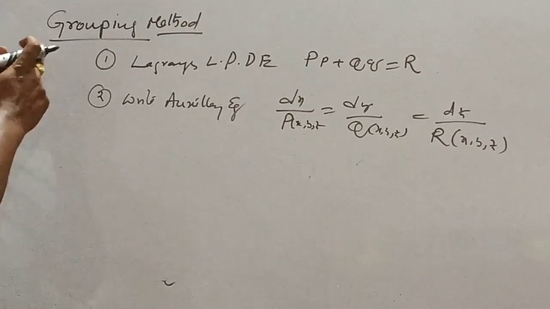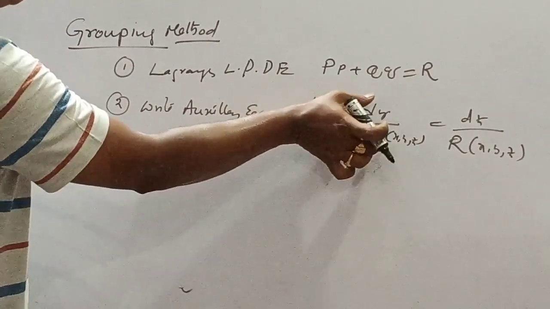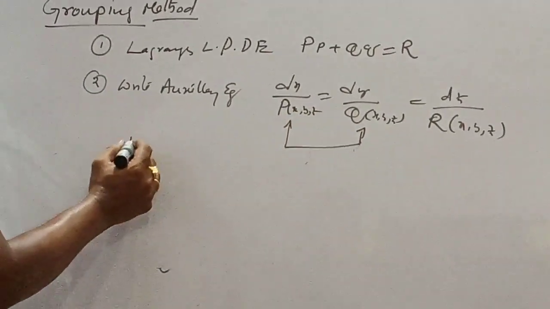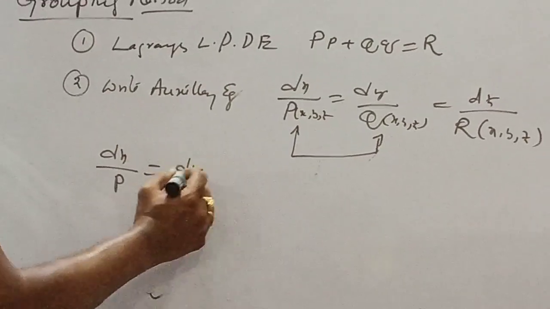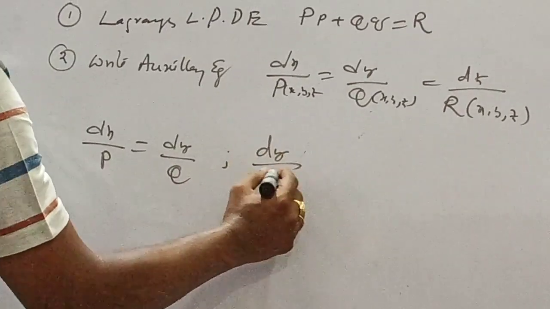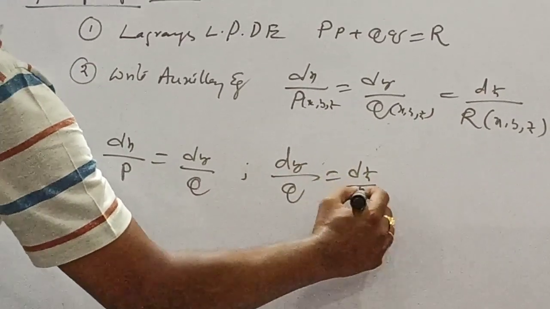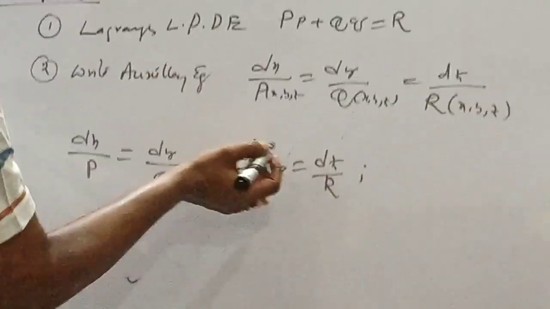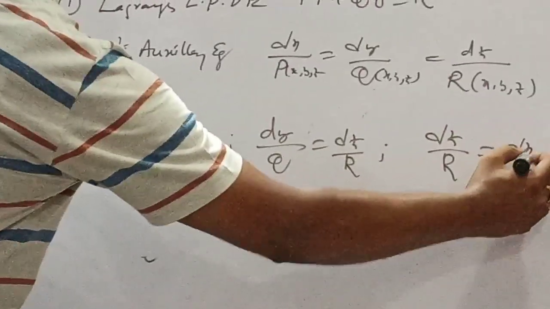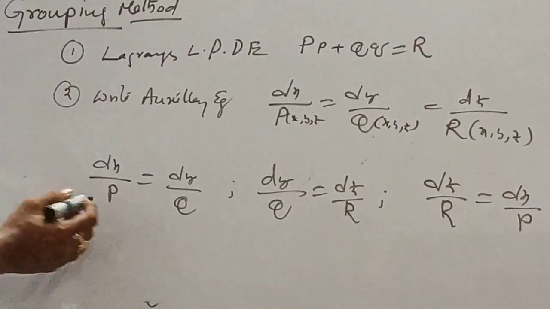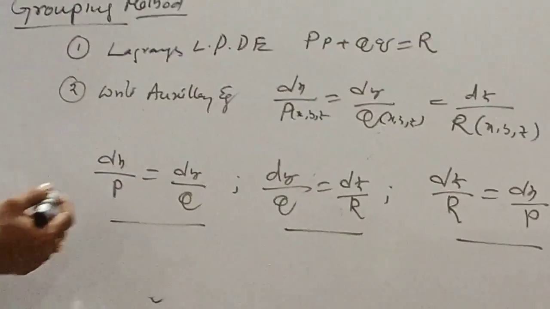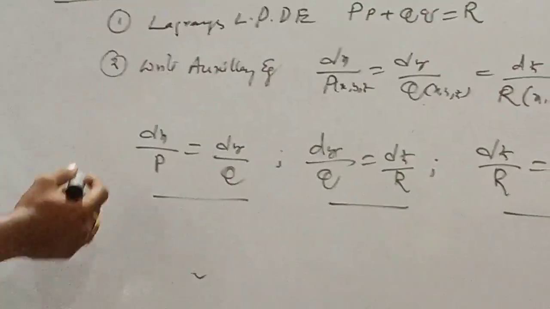Here we are grouping. Take this as the first term, second term, third term. Take 1 and 2, so equate 1 and 2: dx by P equal to dy by Q. Then 2 and 3: dy by Q equal to dz by R, and then 3 and 1: dz by R equal to dx by P. So we are taking three equations, and using these three equations we integrate both sides.